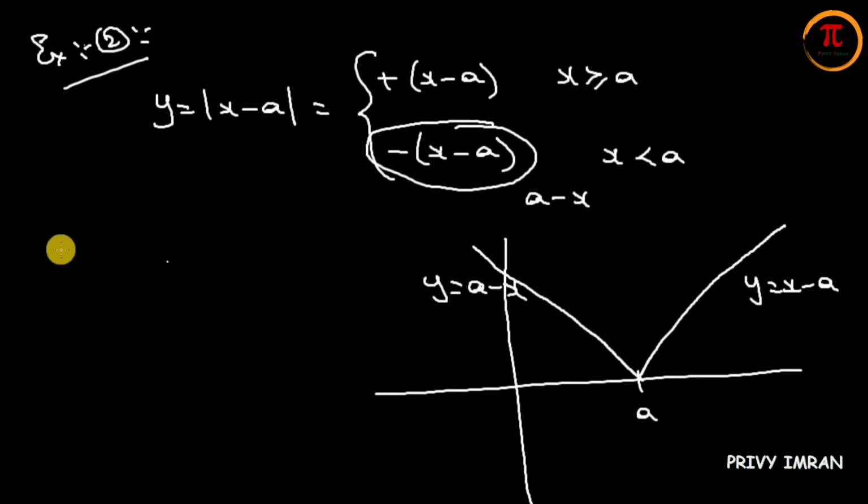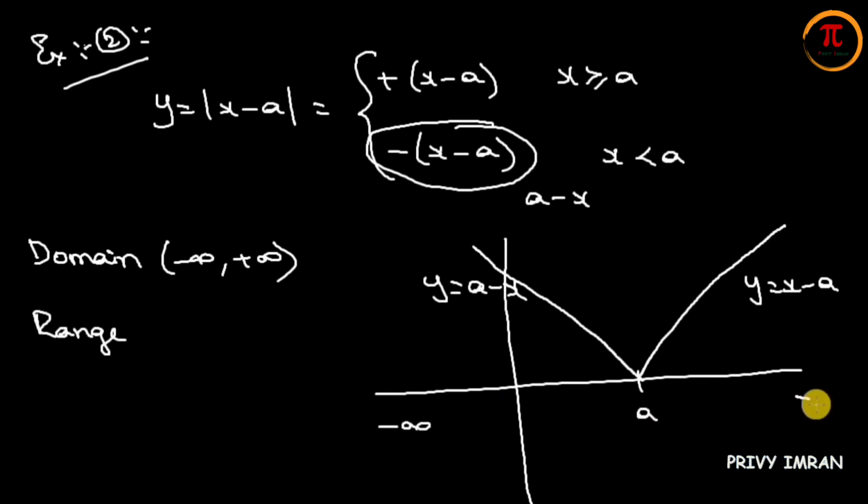Now if you observe the domain and range values, the domain values start from minus infinity to plus infinity, and the range values start from 0 to plus infinity.